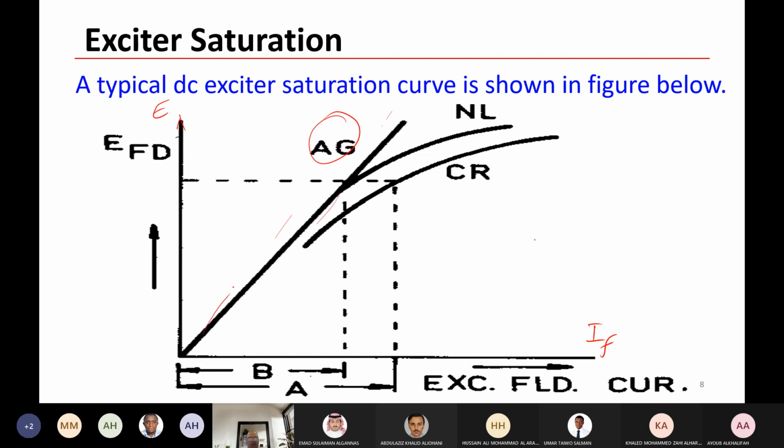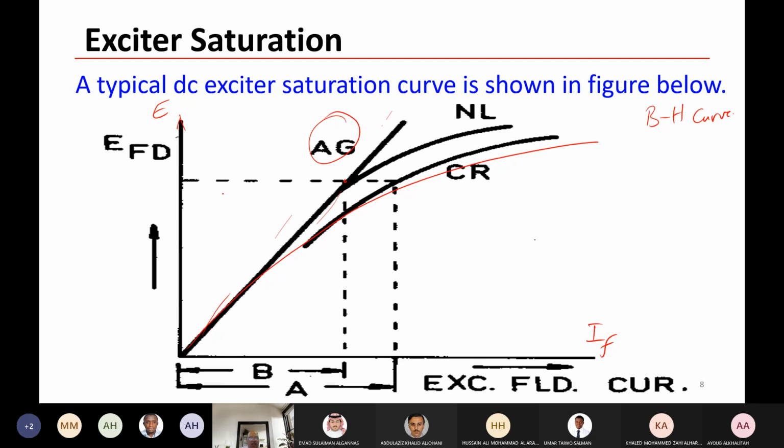If you include the saturation, then you have the BH characteristic, or BH curve, as is very well known. Now, the air gap means no saturation. So this is B with no saturation.